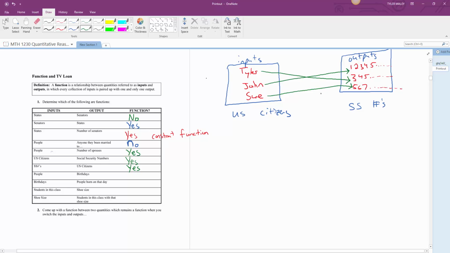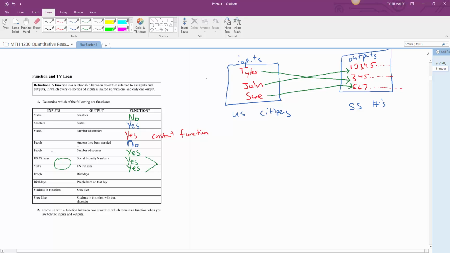If I take a Social Security number and map it to the U.S. citizen it belongs to, that's only going to give me one and only one person. If I randomly pick a Social Security number, I know for sure it's going to be matched with only one U.S. citizen. Notice we just reversed the inputs and outputs for these 2 rows, and both were a function.